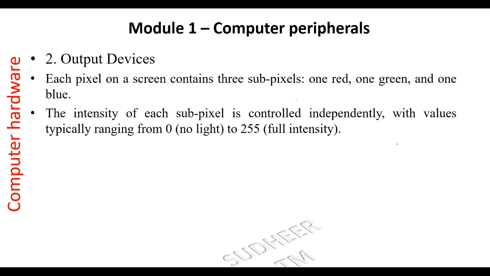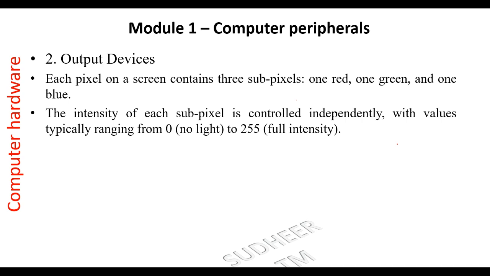256 levels of intensity you can send into a red pixel. Corresponding to that, you can make the red color itself with 256 levels of variation. Then for green pixels also, you can control the intensity from 0 to 255, totaling 256 combinations. And for the blue pixel also, you have a variation from 0 to 255.